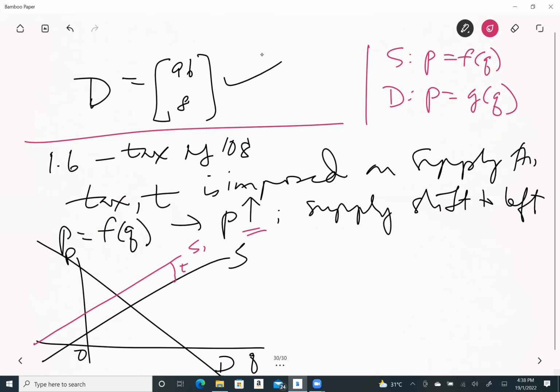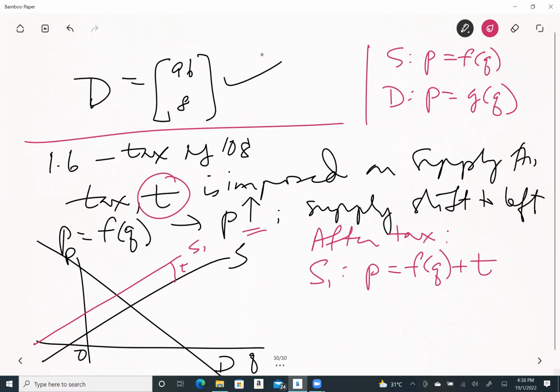All right. After we impose the tax, we have a new equilibrium. The supply now becomes S1, P equal to what? f(Q) plus T. So you add the tax to the supply, and the demand doesn't change. Demand is still the same.